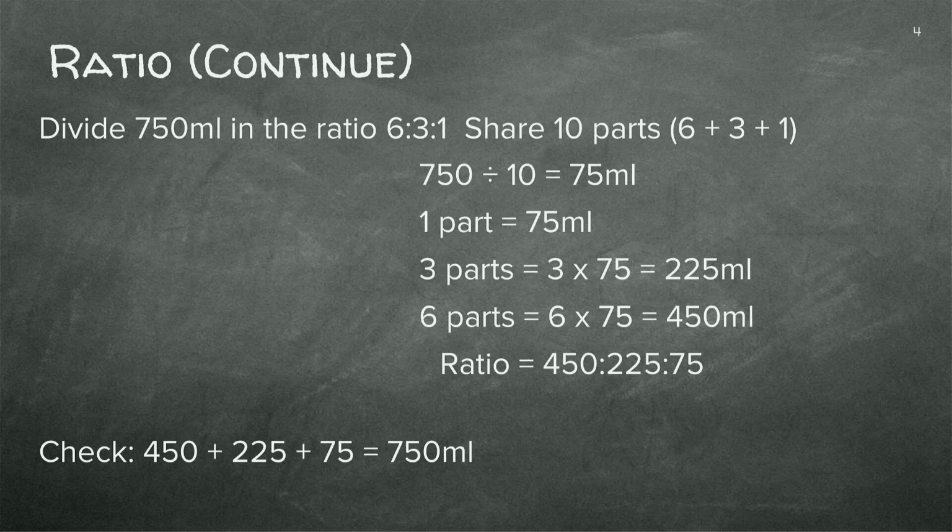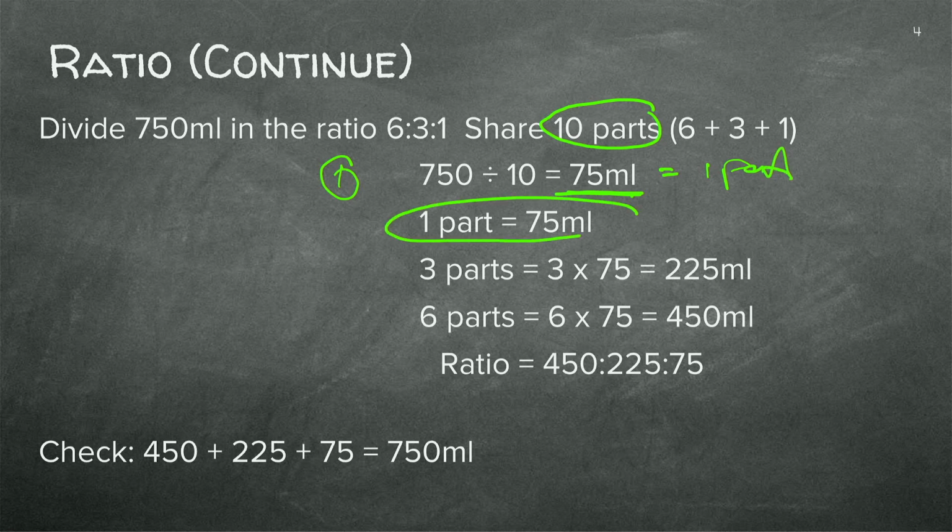So what is important here? 6, 3, 1. So we're going to add this up, and we've got 10 parts, okay, that we're going to divide. So the first thing is the 750, we're going to divide by 10 to find the value of 1 part.